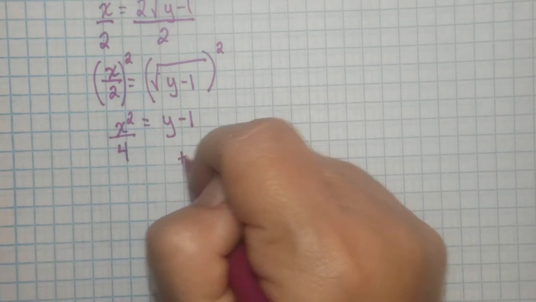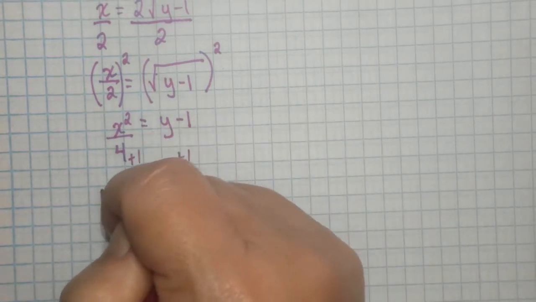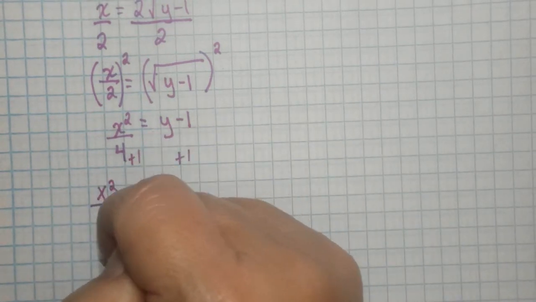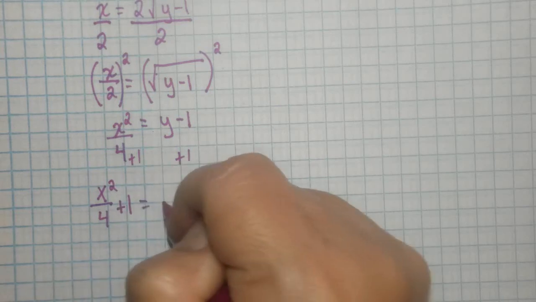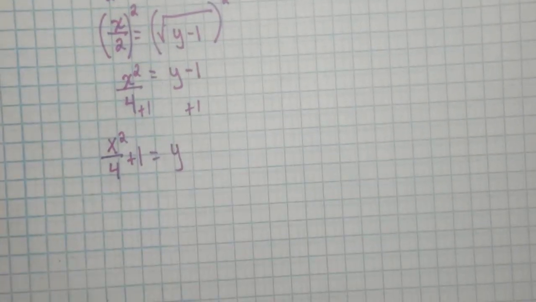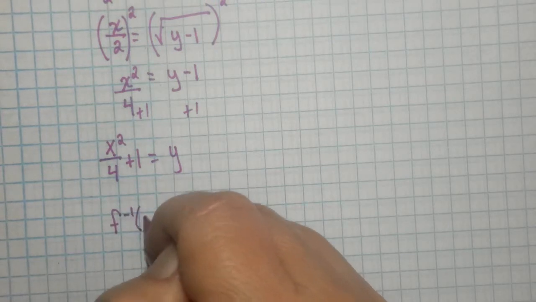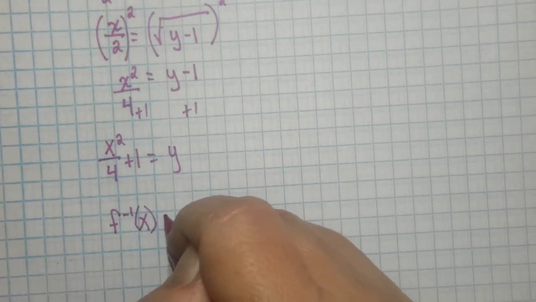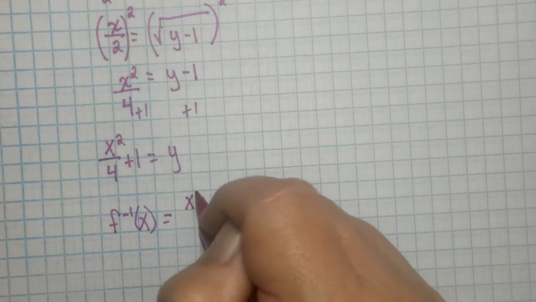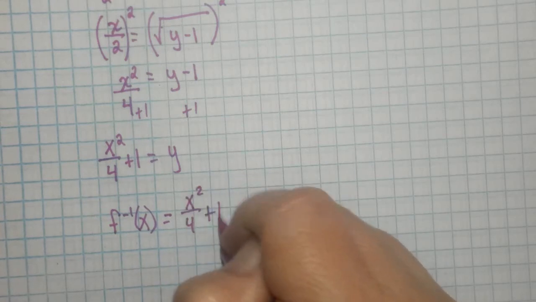And then I'm just going to add 1 to both sides. So I have x squared over 4 plus 1 is equal to y. And then I will finally write it in function notation. Inverse of x is x squared over 4 plus 1.